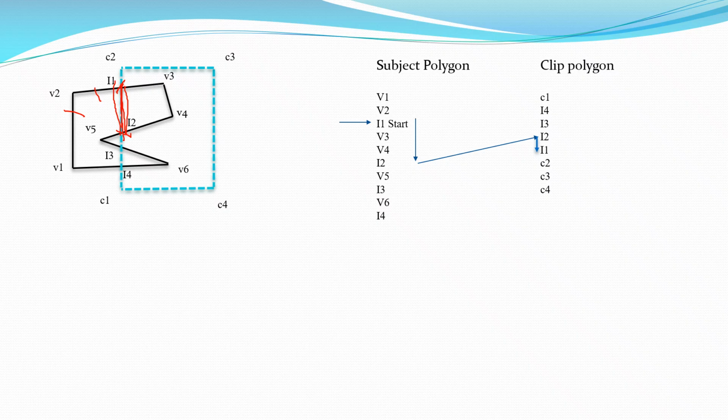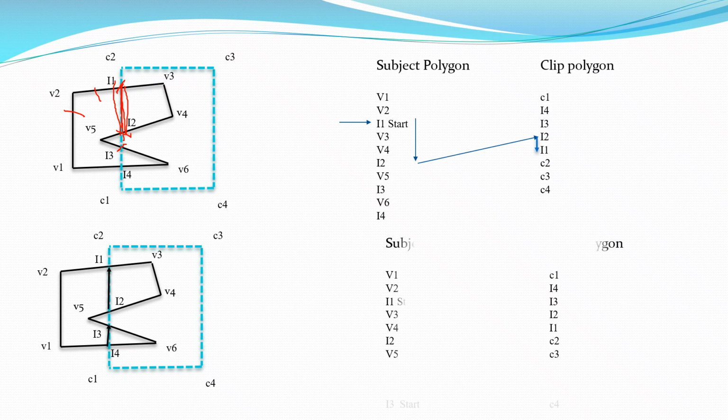Here, which one is the entering point? Here I3 is the entering point, V6, V4. Okay. So now for the next clipping, where does it start? That is starting at I3, right? V6, right?